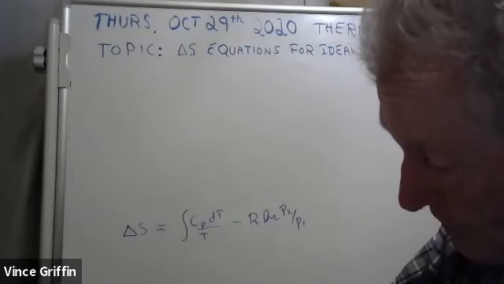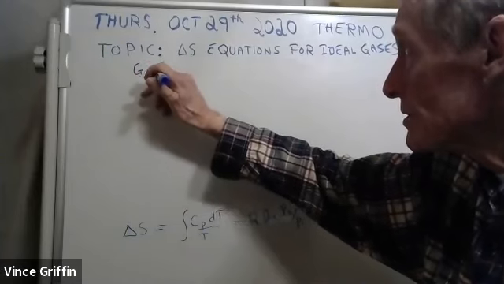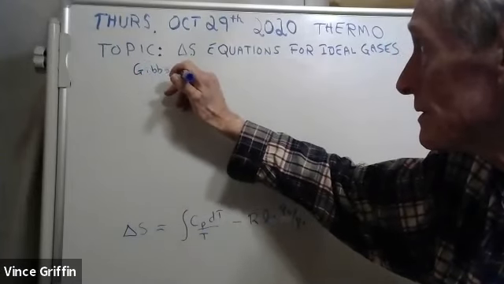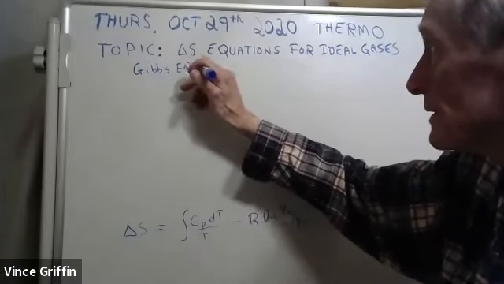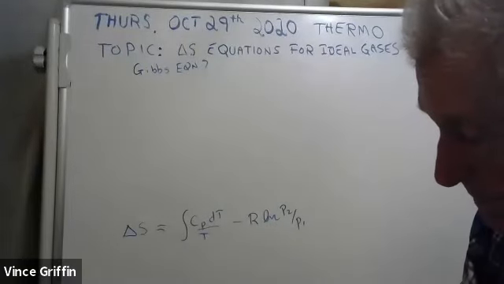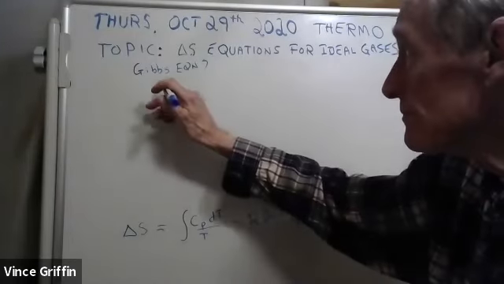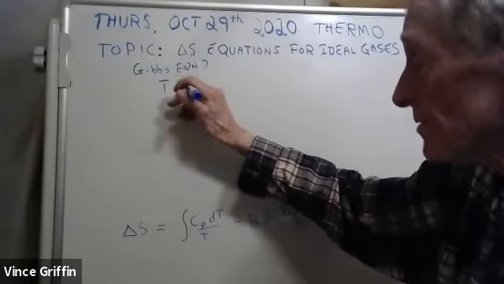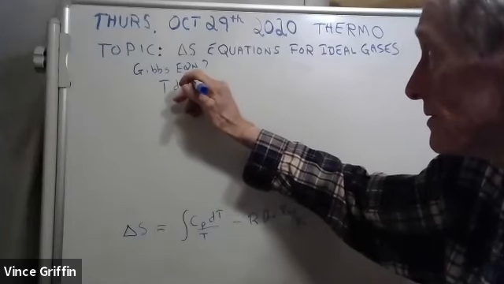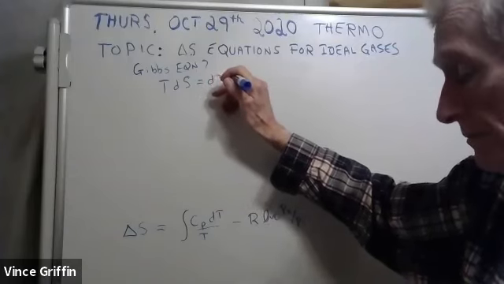But where these came from, they came from the Gibbs equations. And the way they go is like this. These are called the Gibbs equations.